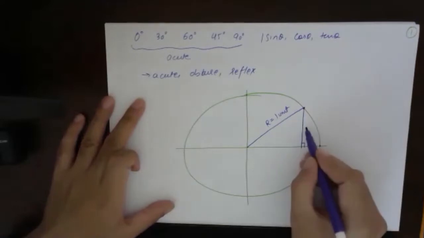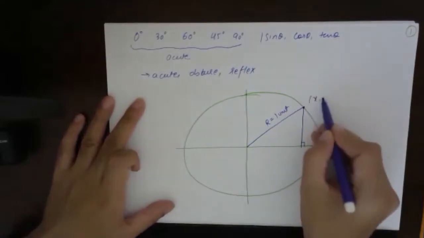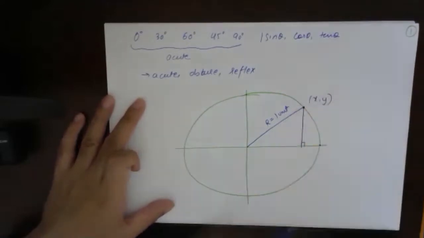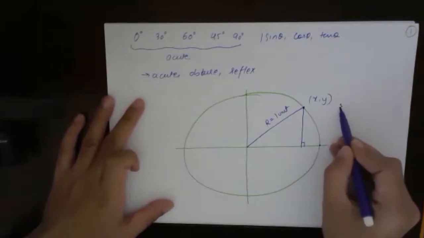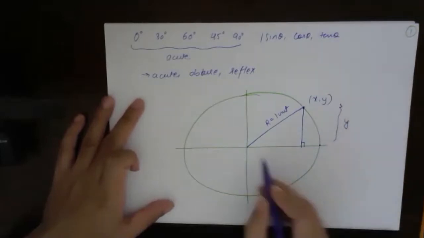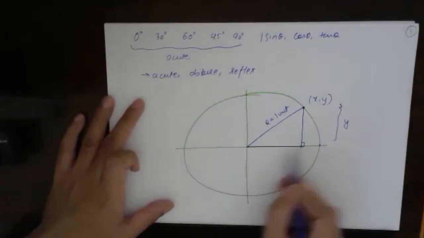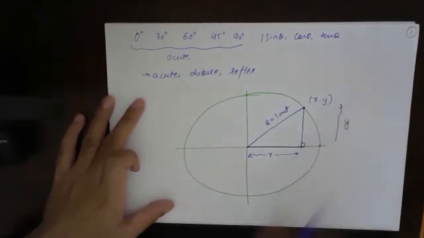When I drop a perpendicular, suppose I mention this as h. This is x comma y. So this total length will be y, and this total distance from here till here will be x.